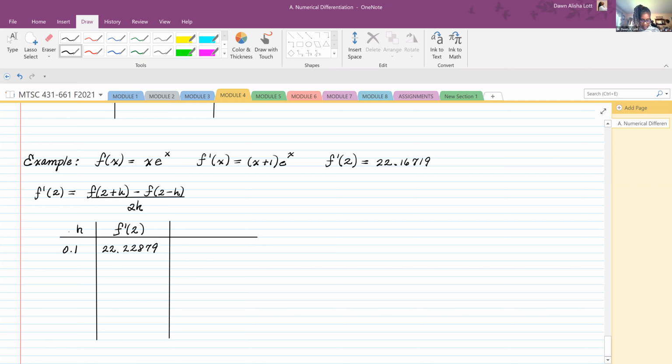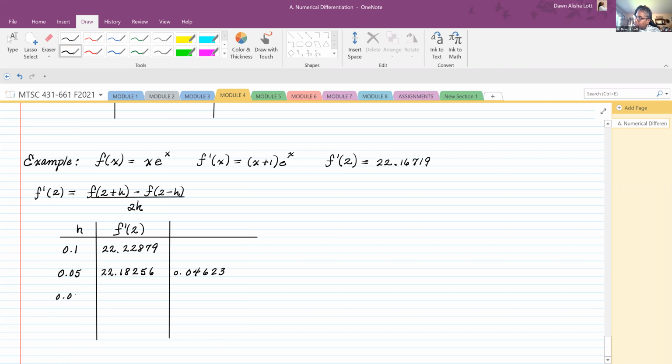And then I'm going to divide that by 2, so I'm going to get 0.05, and I get 22.18256. And the error between that approximation is 0.04623.